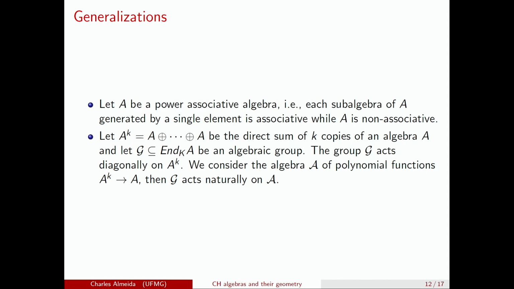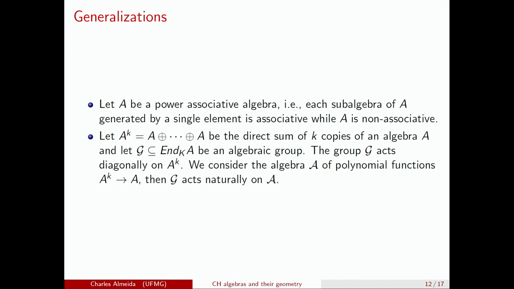So we can generalize this result by considering algebras that are not just non-associative, but we need a little constraint, so we consider power associative algebras. So each subalgebra is associative, but A is not associative.